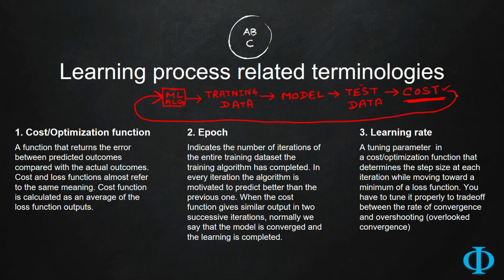Now this entire iteration, starting from the ML algorithm, passing through the training dataset, proposing the model, evaluating the model on test data, and getting the cost function, this entire iteration is called one epoch, and this process continues for a long time. And whenever two successive iterations produce a similar value for the cost function, then we say that the model has converged and there is nothing much to learn anymore.